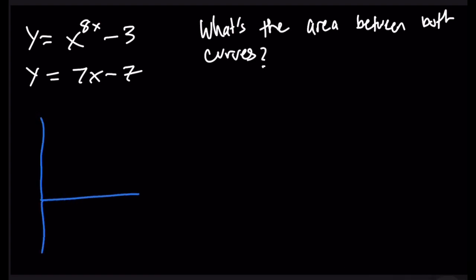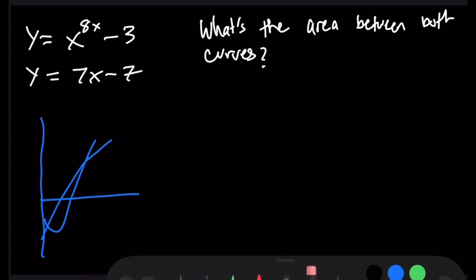Both these functions are probably going to be in the negatives early. So it's going to look something like that and that. Or actually, it might be something more like that. And so if that's our function, we can see that 7x minus 7 is going to be on the top. But just to be safe, we can use absolute value.